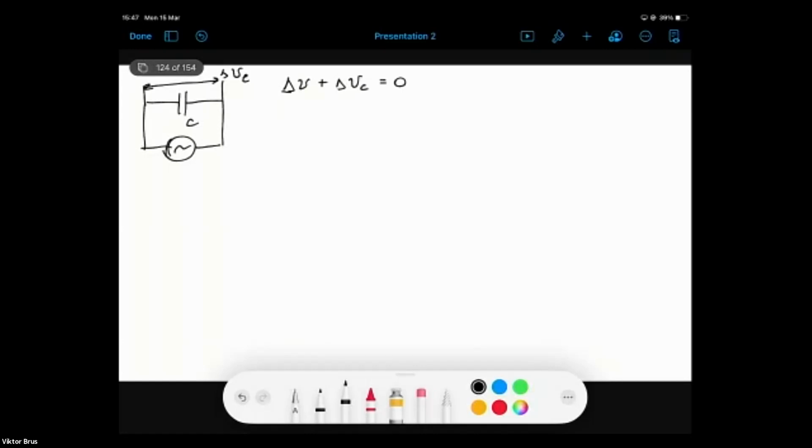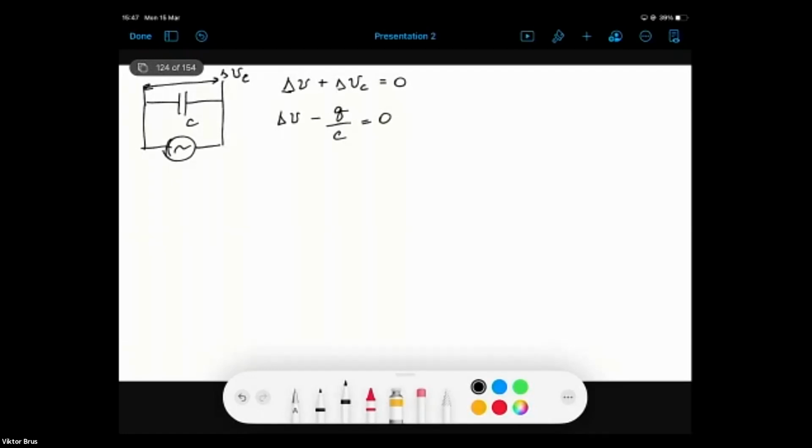And instead of delta VC, we know that voltage at the capacitor is defined by the ratio of electric charge accumulated at the capacitor divided by its capacitance. That will be, oh sorry, that will be here, minus Q over C, and this is equal to 0.